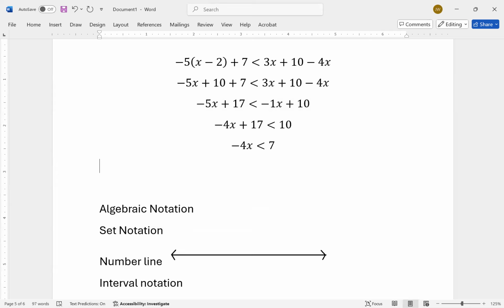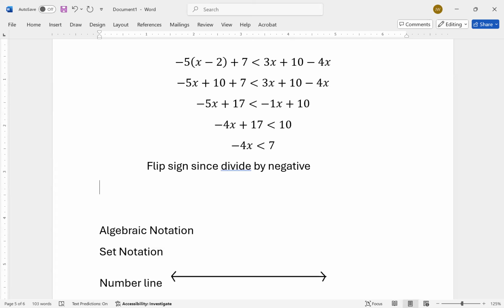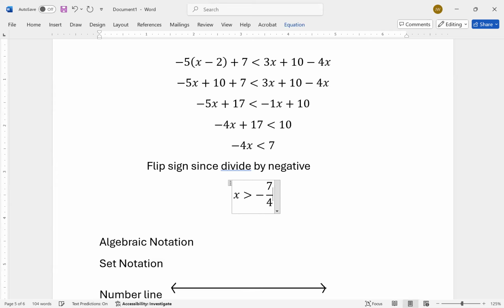Now, when I divide by a -4, I'm going to have to flip the sign. And when I do that, I'll get x is greater than -7/4. Or if you wanted to rewrite that, that's -1.75. Also -1 3/4.